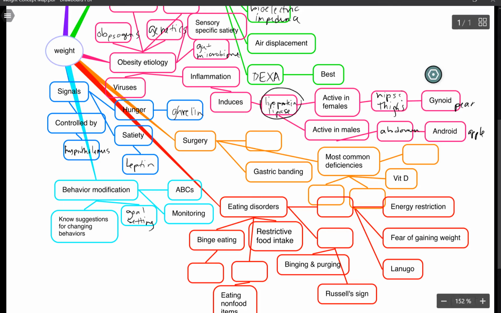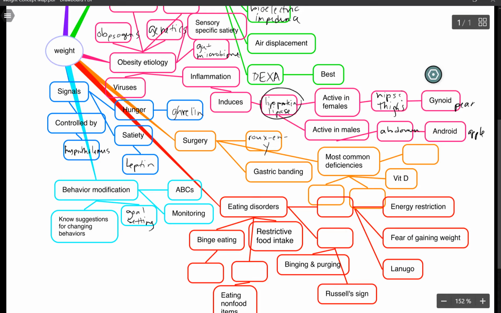Some patients can turn to surgical procedures, things like gastric banding, where they put a silicone band over the stomach, which decreases the amount of food that they're going to be able to consume. The most common type of bariatric surgery or gastric bypass is called the Roux-en-Y. With that, they cut out most of the stomach and then attach part of the small intestine onto the stomach, which means there's not a lot of digestion that's going to happen within the stomach.